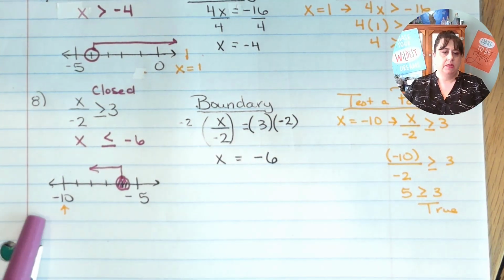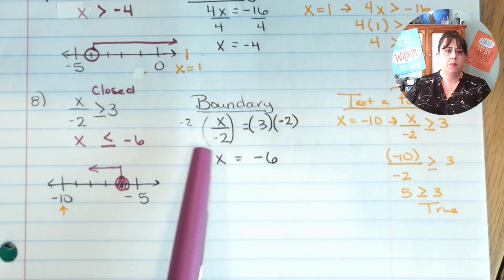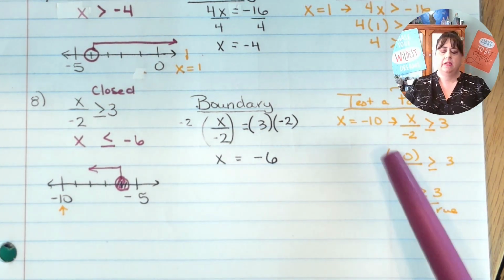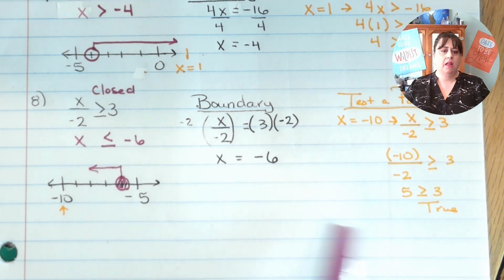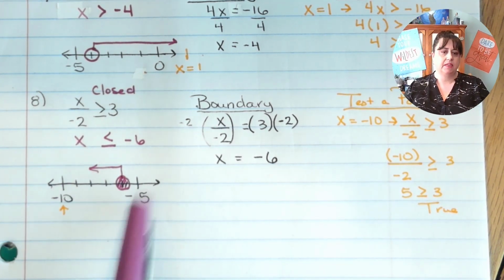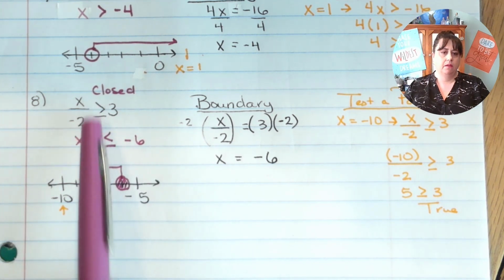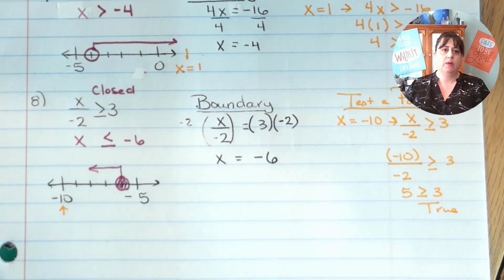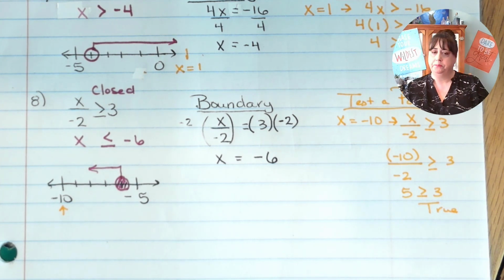When I tested my point, I used -10. I chose something divisible by 2, so that I had a nice number. And then I got that that was true, and so they were less than -6. Something weird happened there, and that's okay. That is supposed to happen.